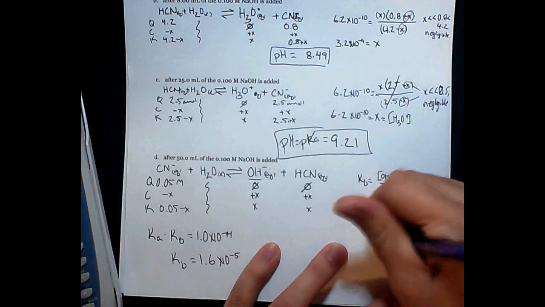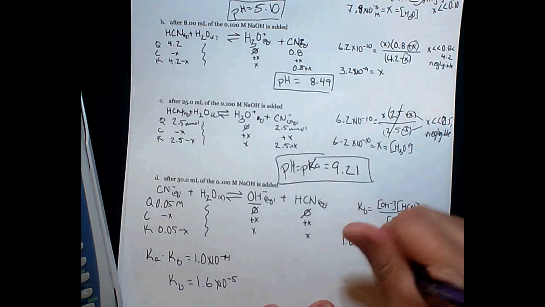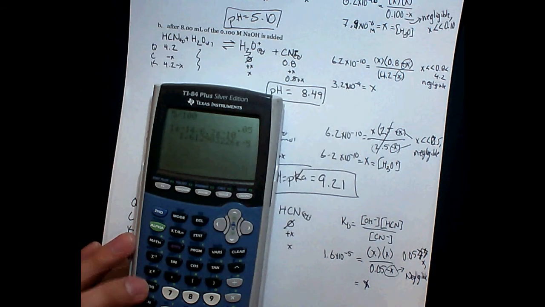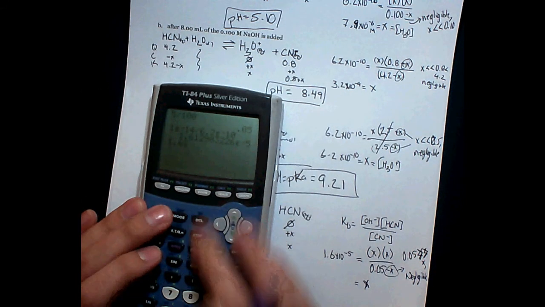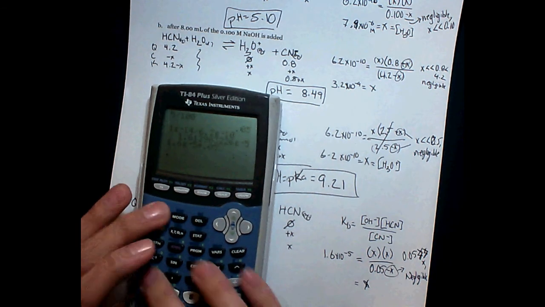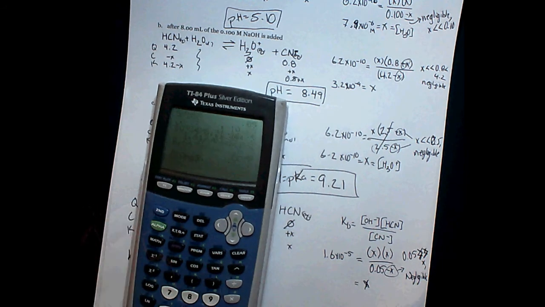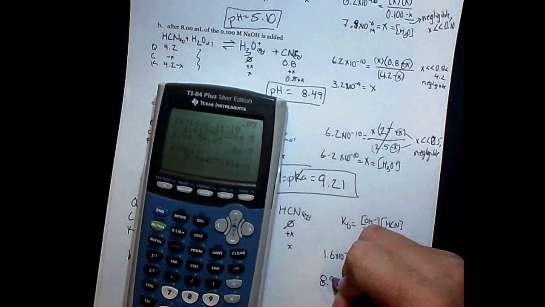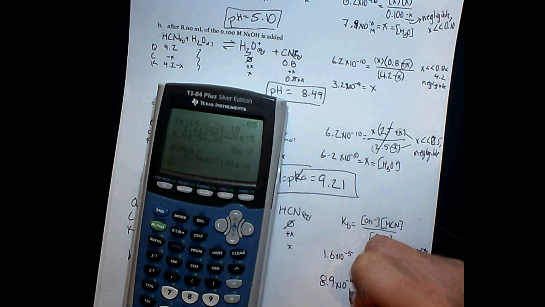All right, and then we get X to be, we're going to do 1.6 times 10 to the negative 5th times 0.05, square root of that answer, we get 8.9 times 10 to the negative fourth molarity.